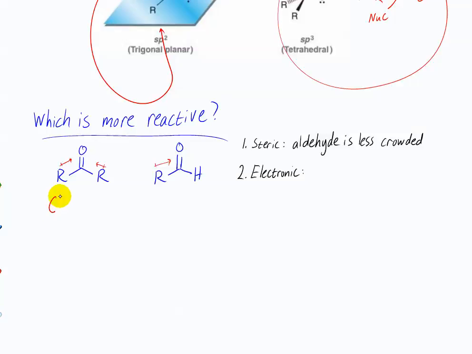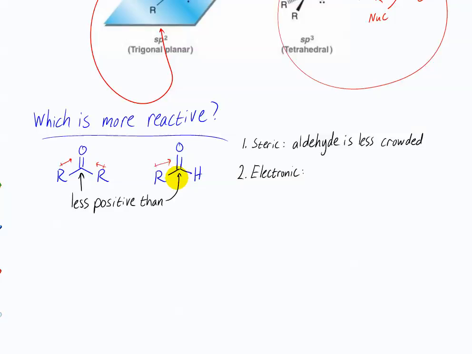So in this case, the carbonyl carbon, well, let me just do it with an arrow. In this case, this is less positive than this one, because it's being slightly stabilized by those R groups. Now, is that an enormous effect? No, I don't think it's an enormous effect. But it's an effect nonetheless.